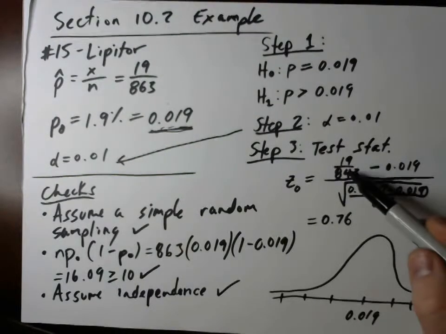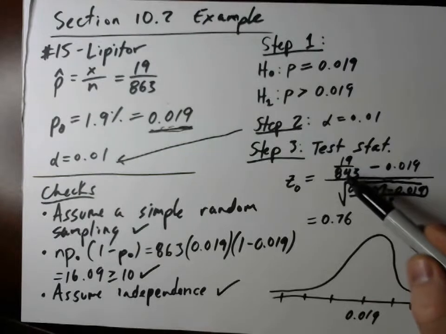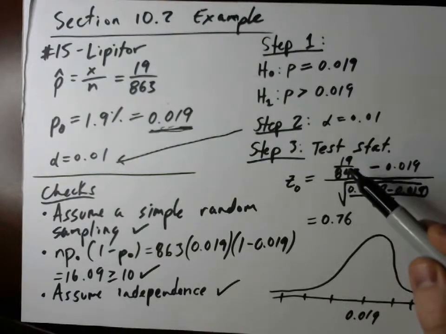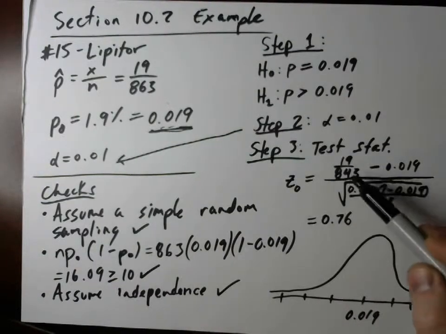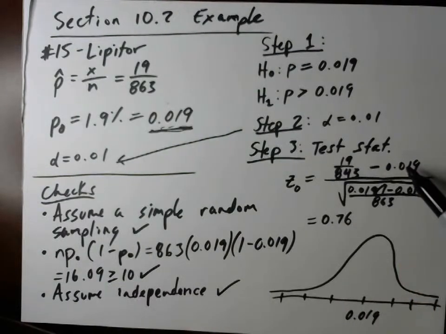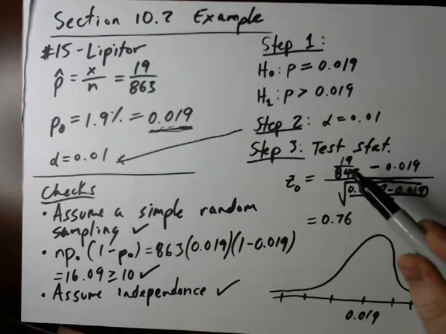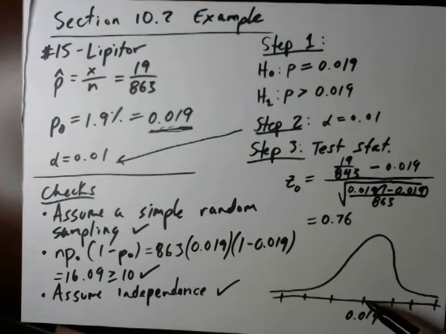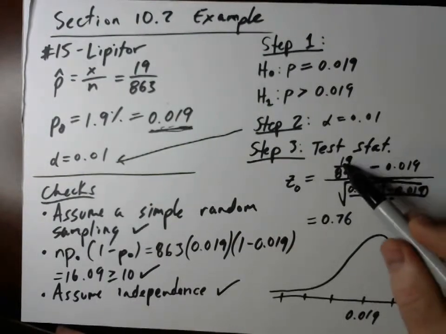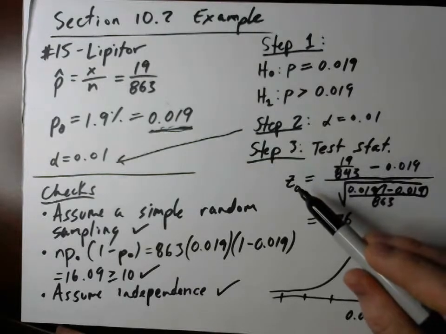Imagine that instead of 19 over 843, we had exactly this, so our data matched up exactly with our claimed value of 0.019. Well, obviously, if our data matches up exactly with our p naught, then that's giving great evidence that this claimed value is legit based off of our sample. And notice that the numerator would equal 0 and z-naught would in turn equal 0.